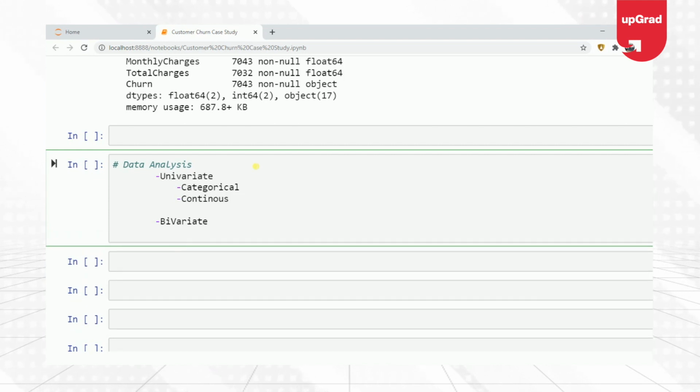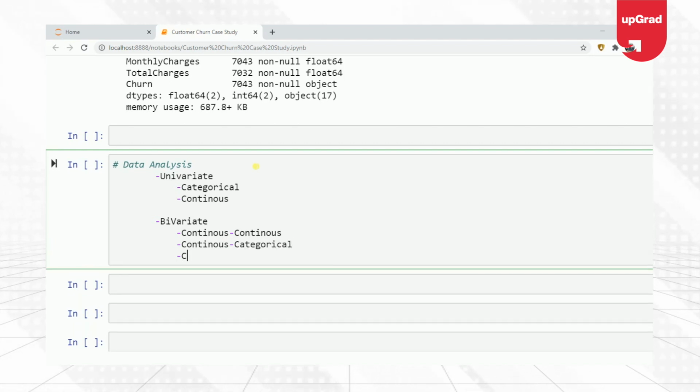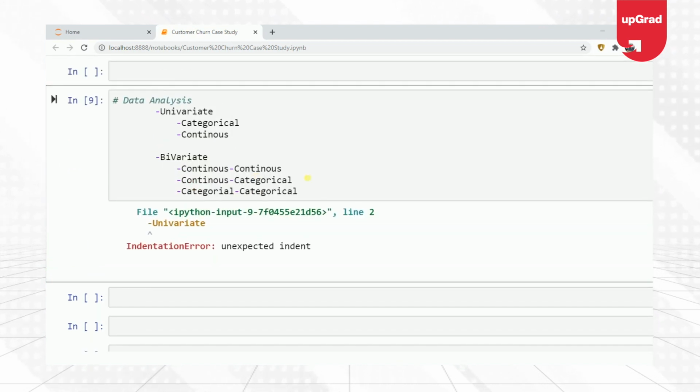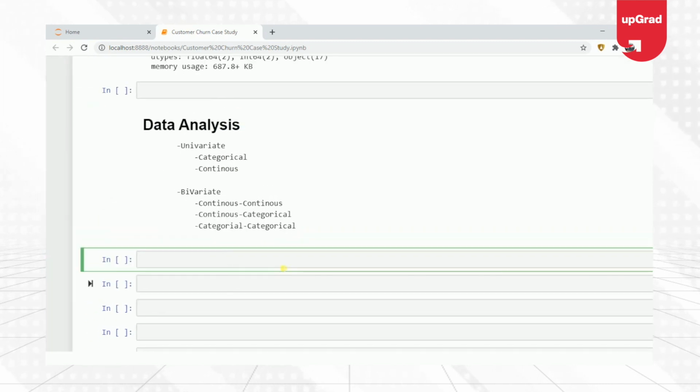At the same time, bivariate analysis can also be done on continuous-continuous, continuous-categorical, and categorical-categorical columns. This should provide us with a basic understanding of the various ways in which we can perform analysis on the data.